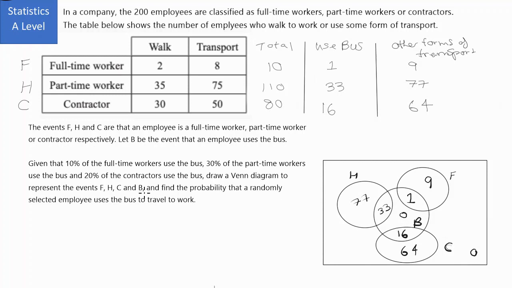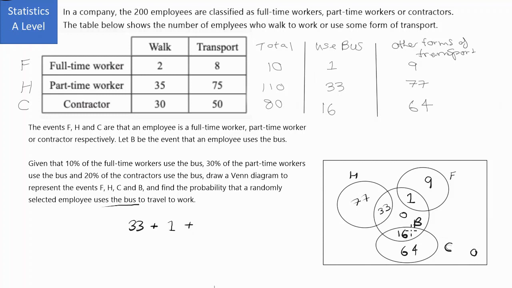Okay, the next part says, now find the probability that a randomly selected employee uses the bus to travel to work. Well, the number of part-time employees who use the bus is 33. The number of full-time employees who use the bus is 1.